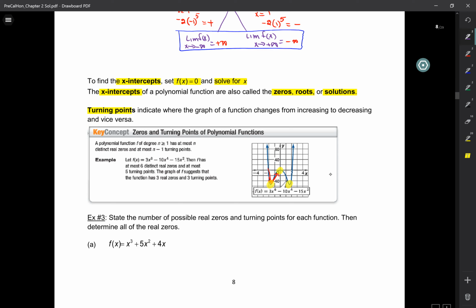Suppose you have your equation. You figure out what the degree is. So in this case, the degree is 6.